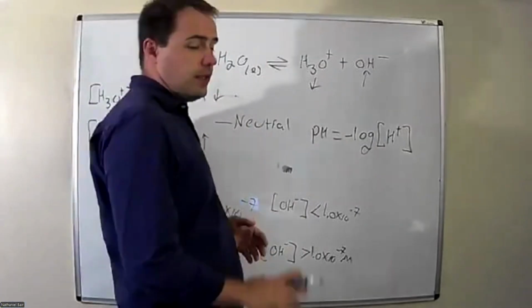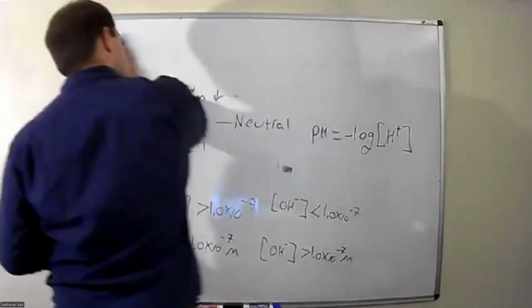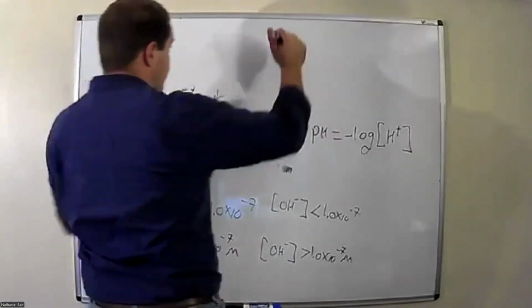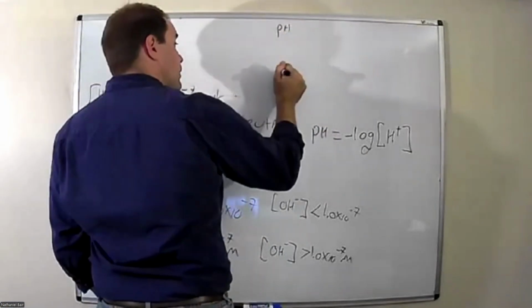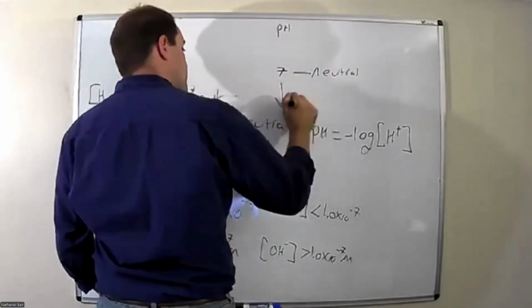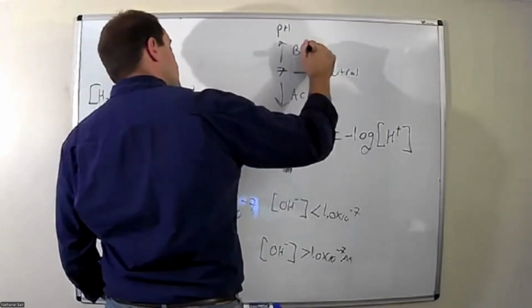And they said essentially this: that if your pH is 7, you'll be neutral. If your pH is below 7, you'll be acidic. And if your pH is above 7, you'll be basic.